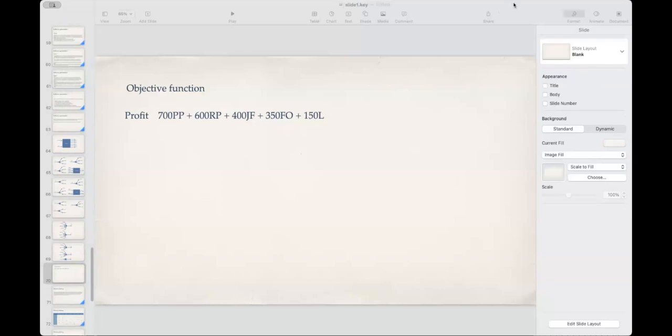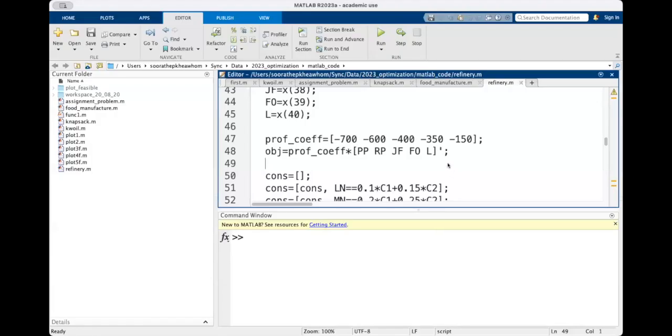Let me share the code. Yes, you see. Now I show you the MATLAB code. You see that I declare the coefficients first, but the coefficient for each product must be negative because we're going to minimize it, right?